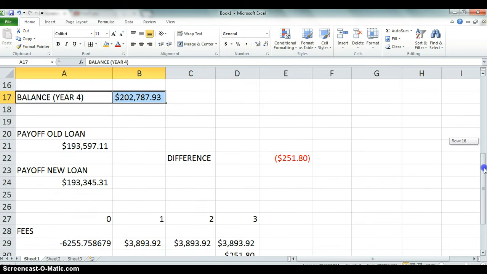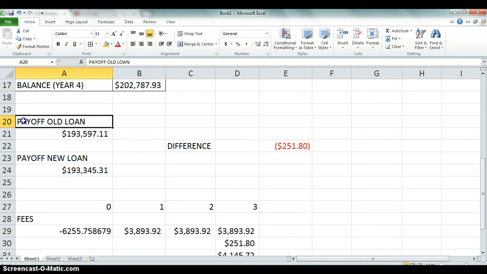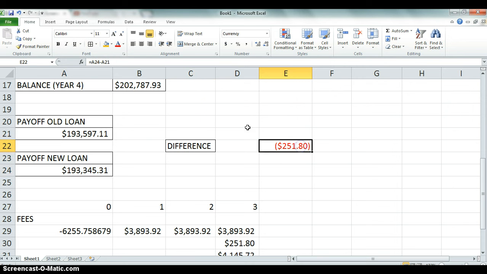And that is how you calculate if refinancing is a good idea or not in a situation where you have 2 loans and you are even planning on moving out of the house at a certain point, so you might want to consider selling the house.